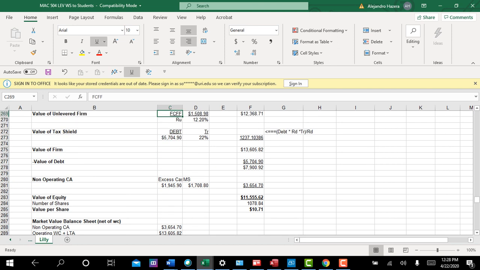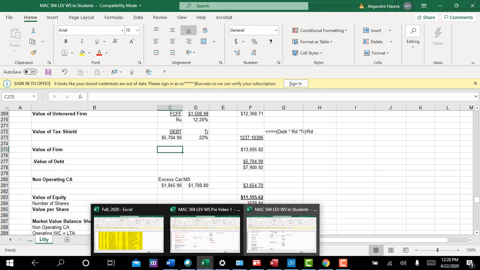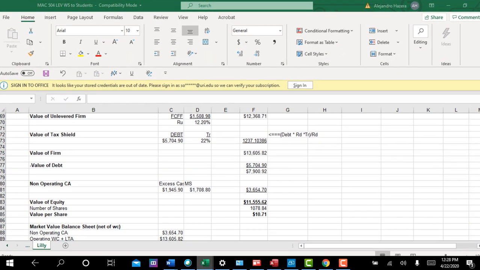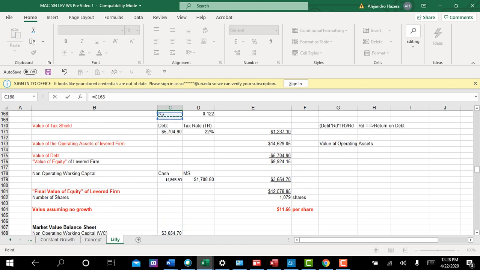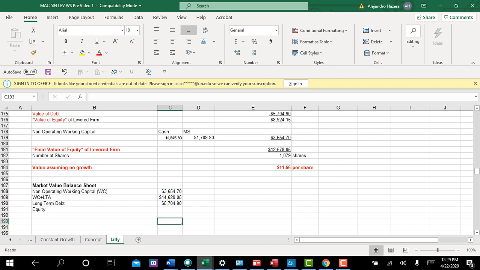Actually, it's basically right, but you don't need to add two numbers together. So that should be equal to that number right there. The value of the long-term debt, and really this is a book value, nothing else. Okay, and then the value of equity.